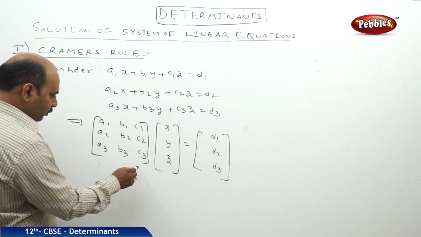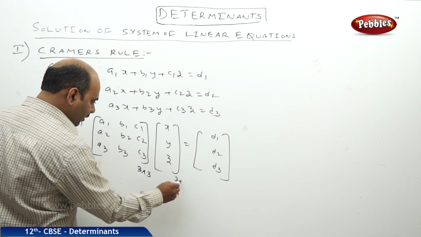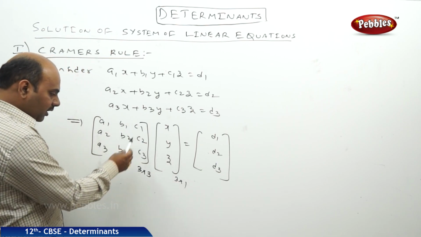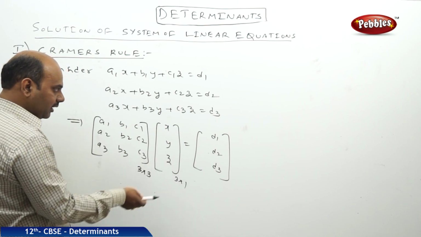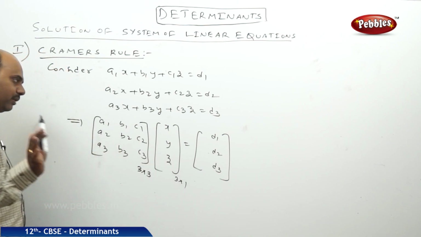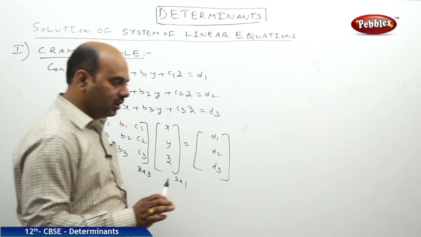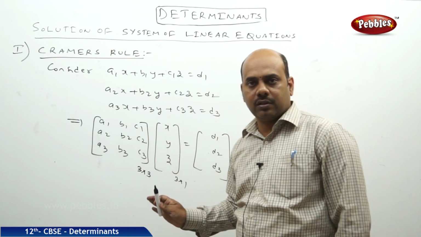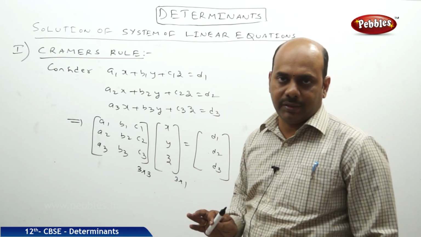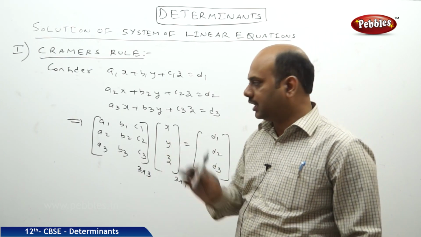If you observe carefully, the order of this matrix is 3 by 3 and the order of this matrix is 3 by 1. The number of columns in the first matrix is equal to the number of rows in the second matrix, so matrix multiplication is possible. Now the question will be asked like this: solve the following system of equations using Cramer's rule, meaning we need to find the values of x, y, z using Cramer's rule.